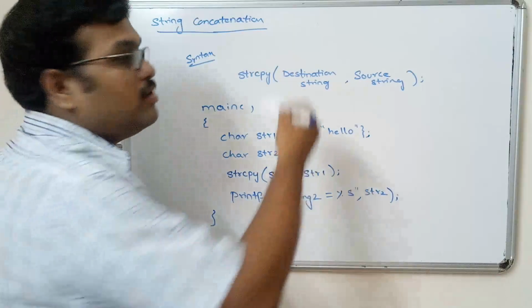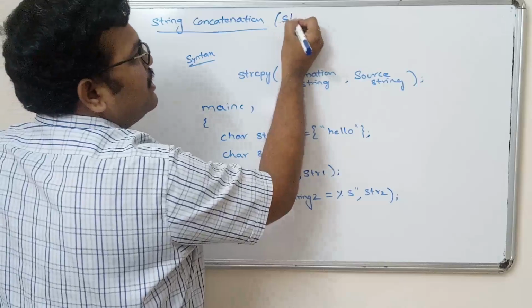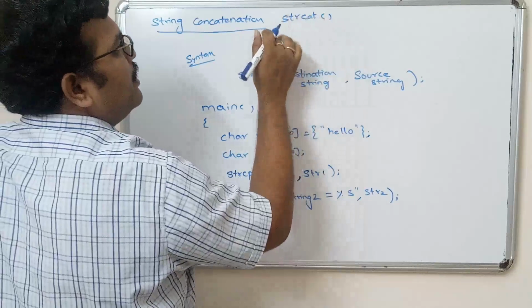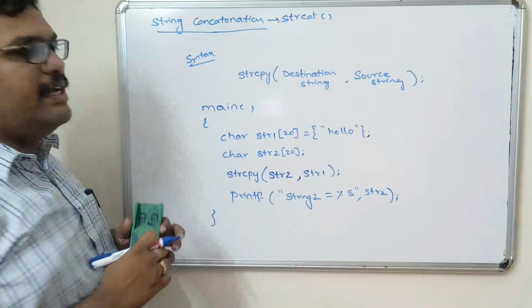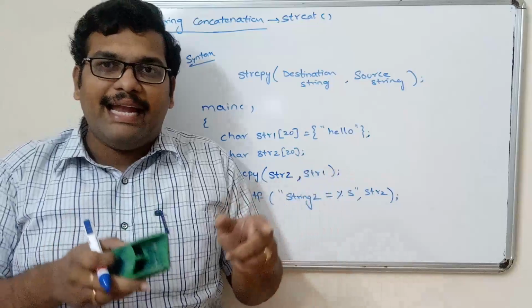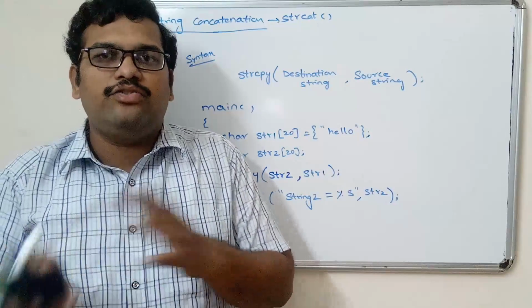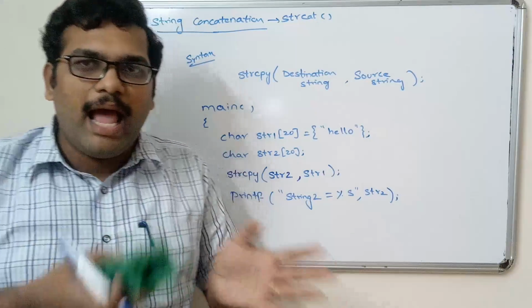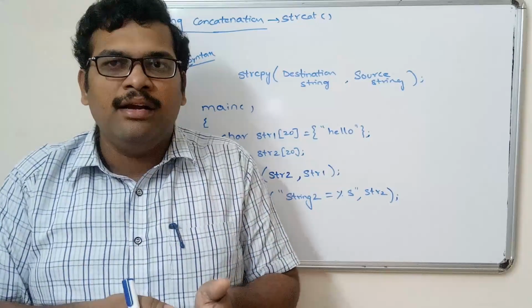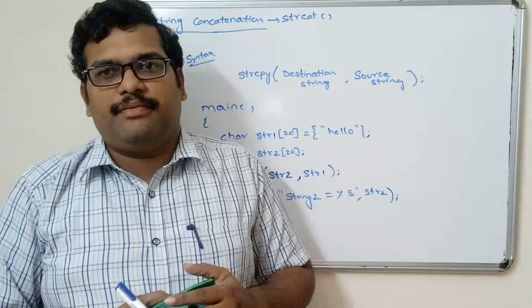String concatenation. So the predefined function is strcat. Here, the strcat is concatenating the content of one string to the content of another string. That means appending. So we have to add the content of the second string at the end of the first string.